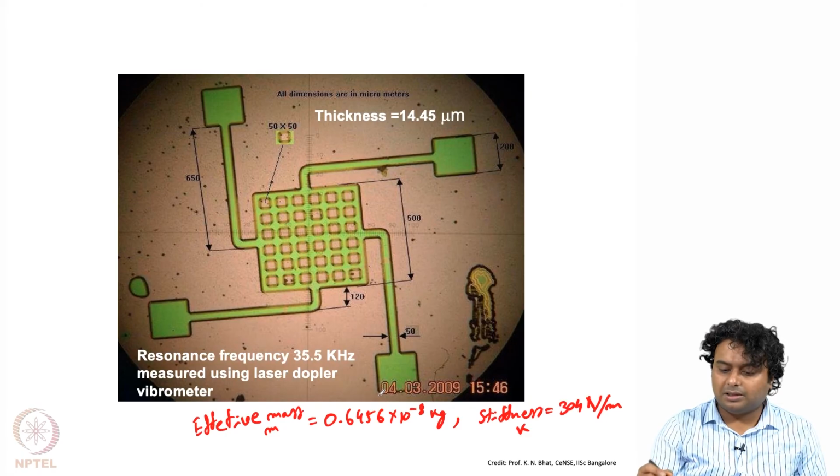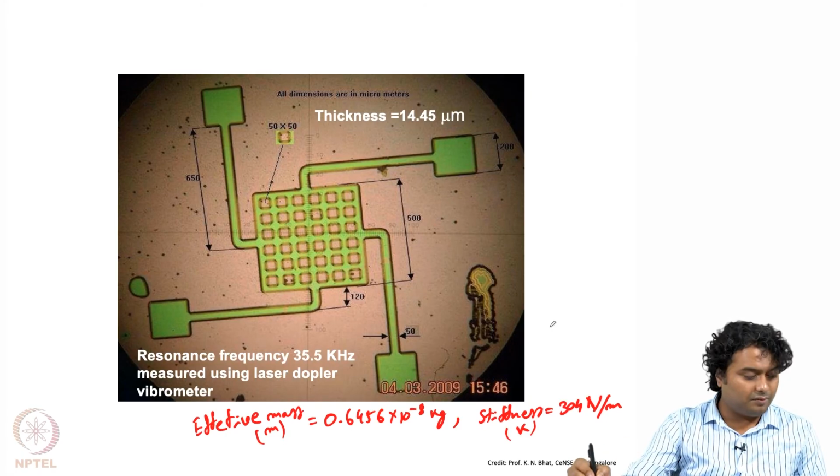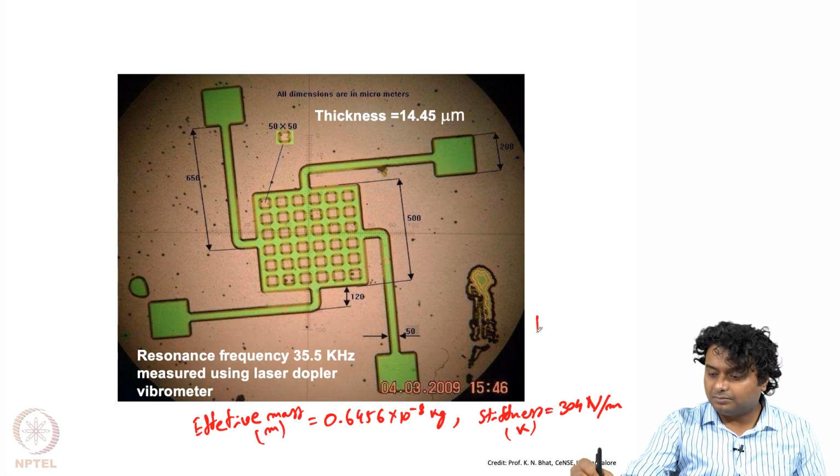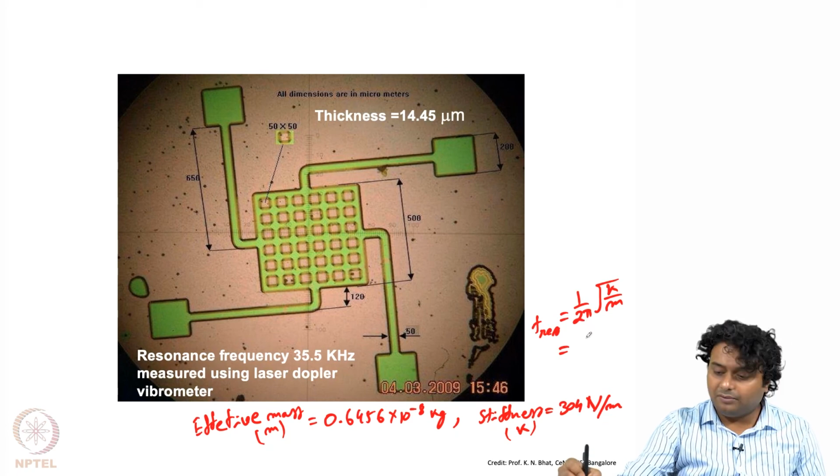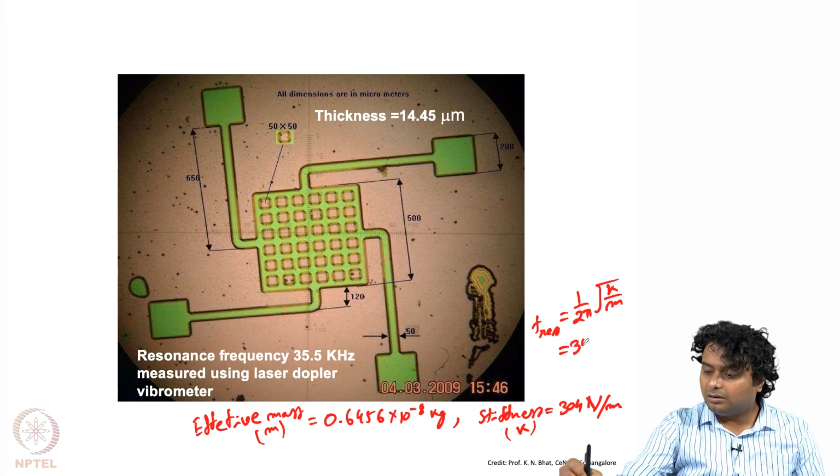For a dynamic system we can show that the resonance frequency should be equal to 1 by 2 pi into root over K by M, and that equals 34.54 kilohertz.